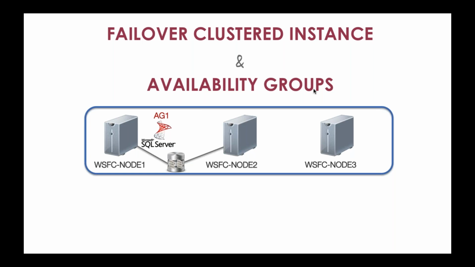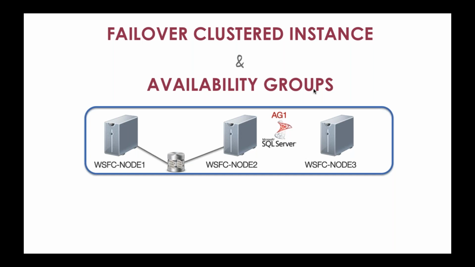Now, I want you to pay attention to this. The minute that I move the failover clustered instance from node 1 to node 2, I also take the availability group offline. Because keep in mind, the availability group is running on top of the failover clustered instance. The failover clustered instance is a replica. So if I take the failover clustered instance offline, it automatically takes the availability group offline.